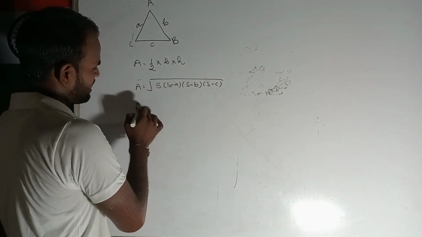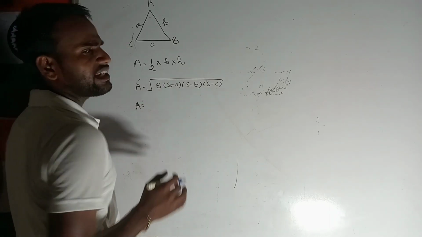Another formula for finding the area of a scalene triangle uses the angle between two sides.